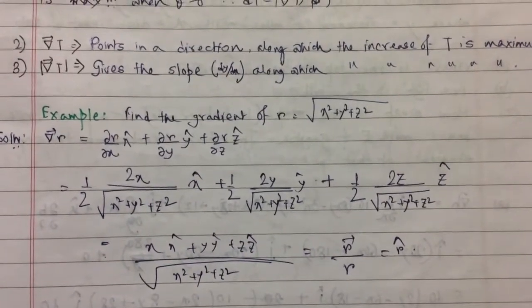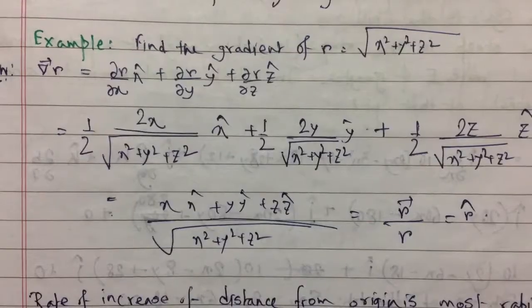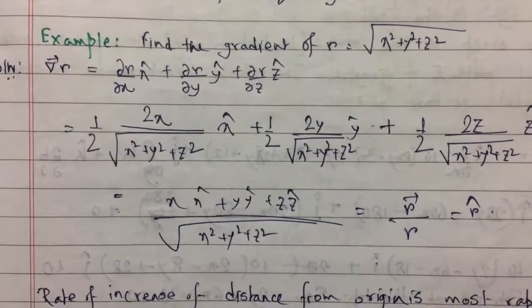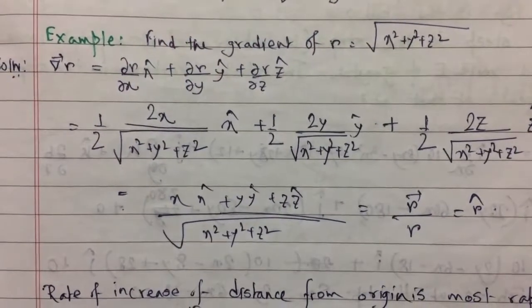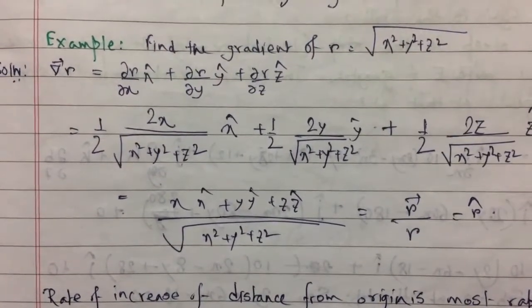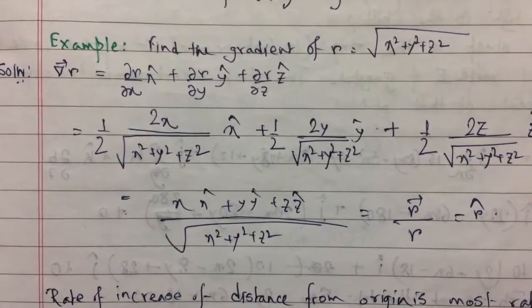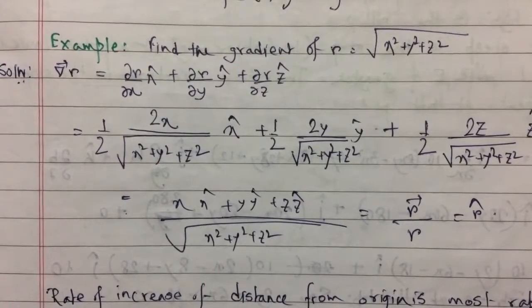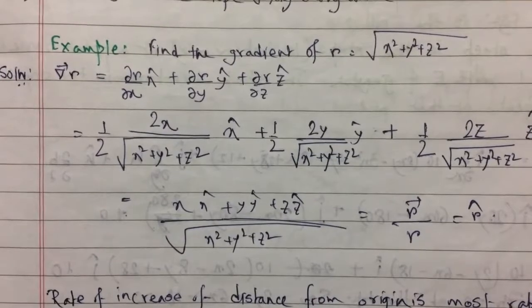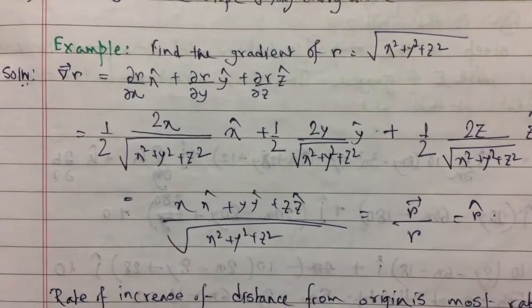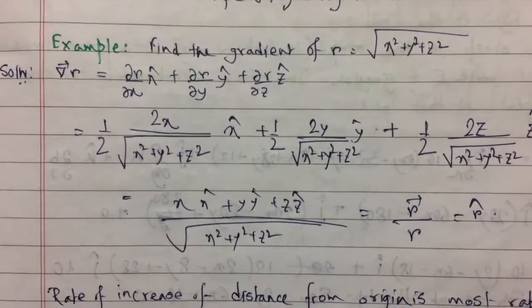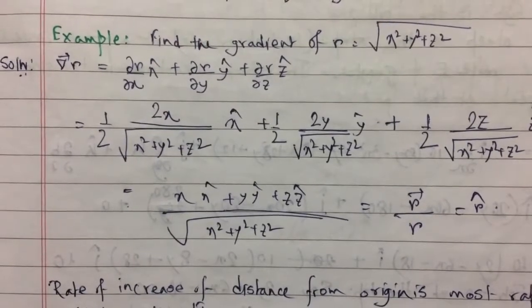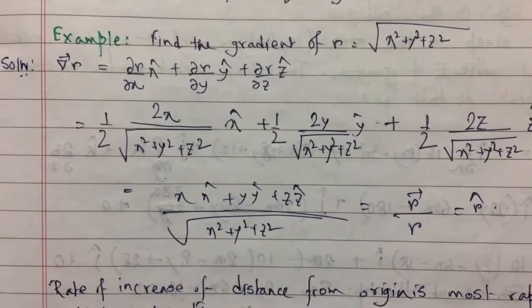Now let's have some example. This example shows that we have a point R from origin. As in the standard notation, we could write vector R equal to i cap x plus j cap y plus k cap z, and the length of that distance vector should be equal to root over x square plus y square plus z square.